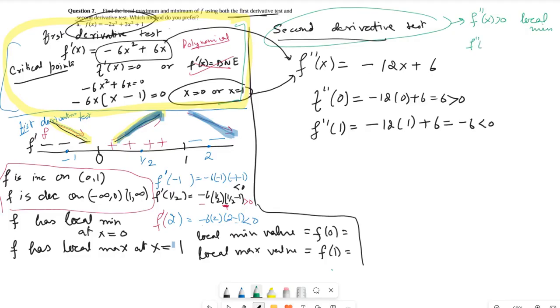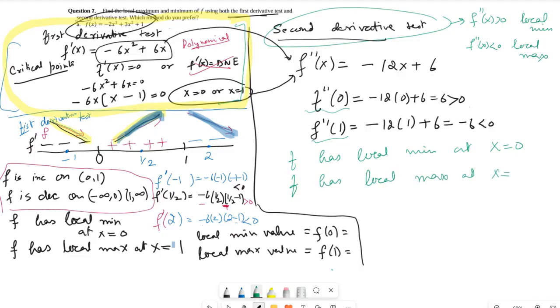If the second derivative is negative, we have a local maximum. The second derivative at 0 is positive, therefore f has a local minimum at x equal to 0. And because the second derivative at 1 is negative, f has a local maximum at x equal to 1.